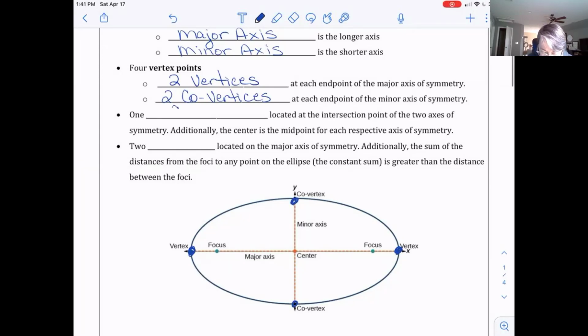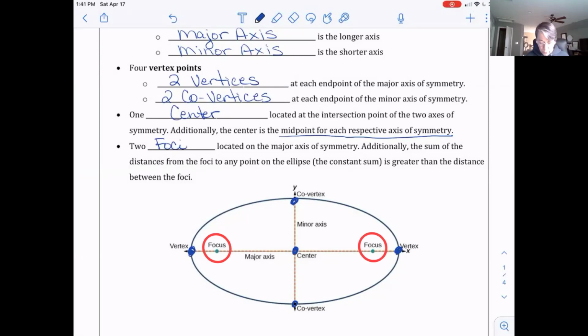We have one center that's located at the intersection of the 2 axes of symmetry, but it's also important to know that this center is also the midpoint for each axis of symmetry. Now, on the major axis of symmetry are our 2 foci. That's plural for focus.